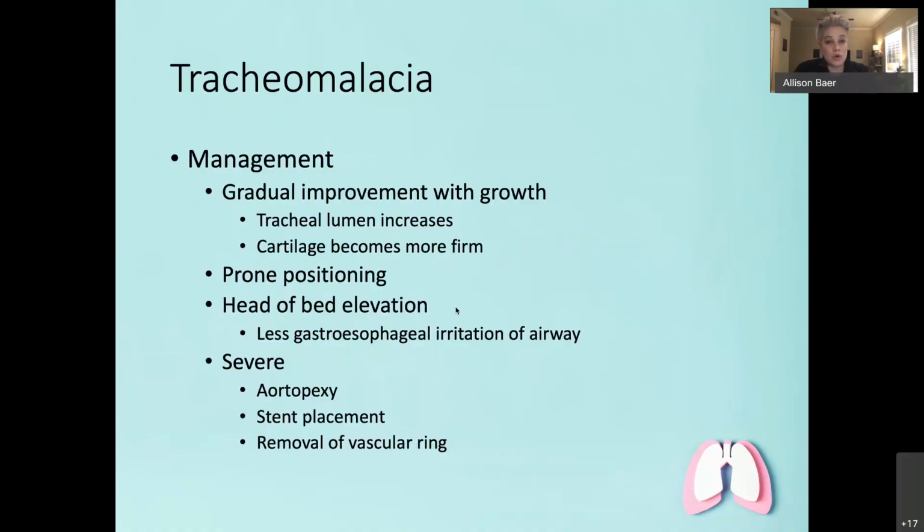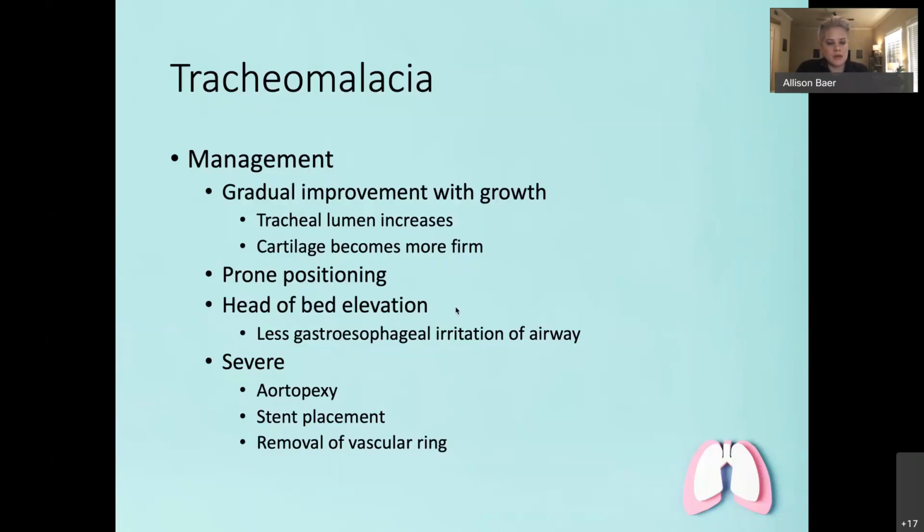So management, prone positioning is what you're going to want to do with that, putting them on their belly. It just allows for that trachea to not collapse like it should. Elevating the head of the bed to have less gastroesophageal reflux. They can usually get better. Usually these kids grow out of it, because as they grow, the cartilage becomes more firm, the trachea itself gets bigger, so a little bit of collapse isn't as big a deal.